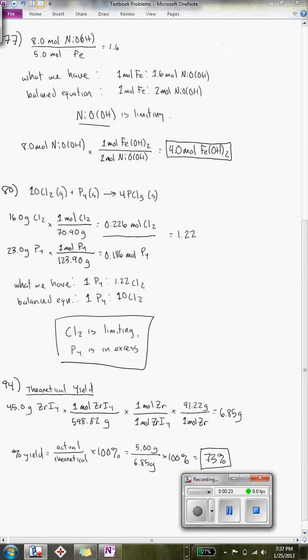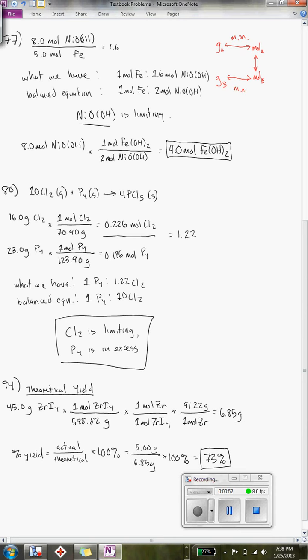But really the most common conversions you're going to make involve going from grams of one substance, we'll call this substance A, back and forth between grams of that substance and moles of that substance, from moles of one substance to moles of another substance, we can call that substance B, and then from moles of substance B to grams of substance B. Whenever you go back and forth between grams and moles of any substance, you use molar mass.